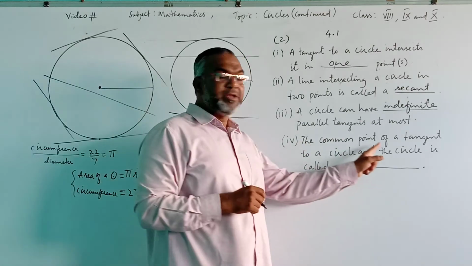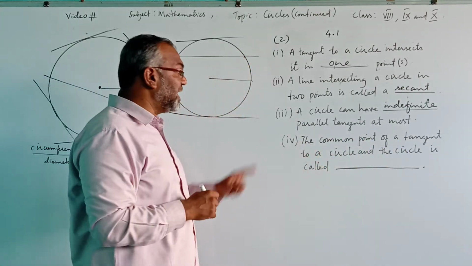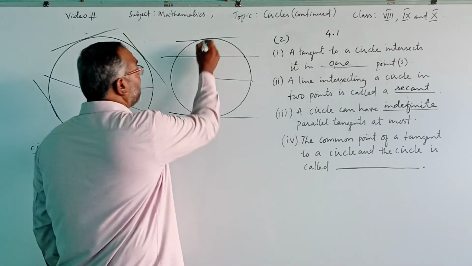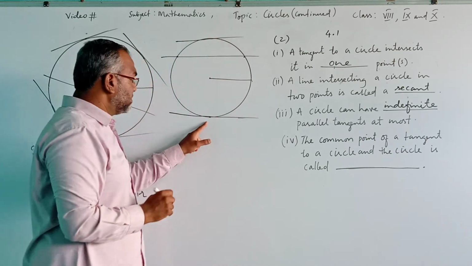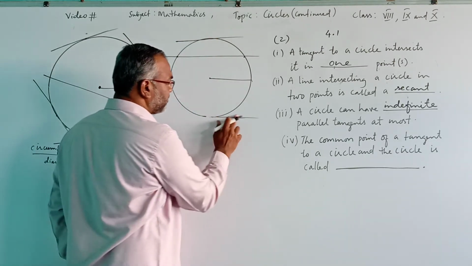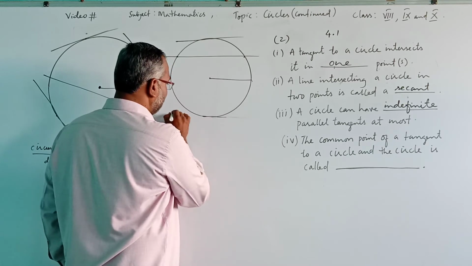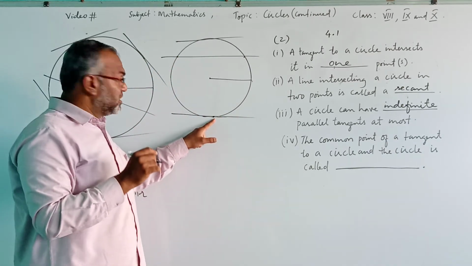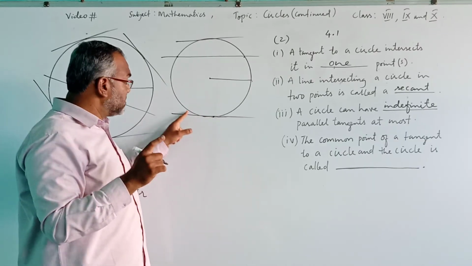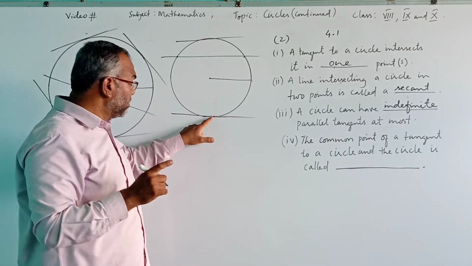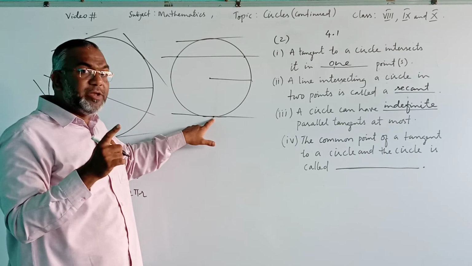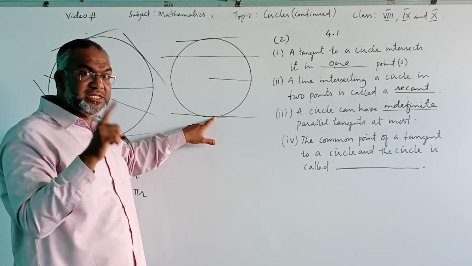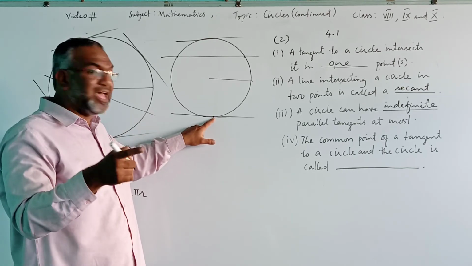Okay. The common point of a tangent to a circle and the circle. The common point, this point, the point at which, let me draw it clearly. This common point is the point at which the tangent touches the circle. This is the common point. Why common? Because this point is a point on the line as well as on the circle, right?